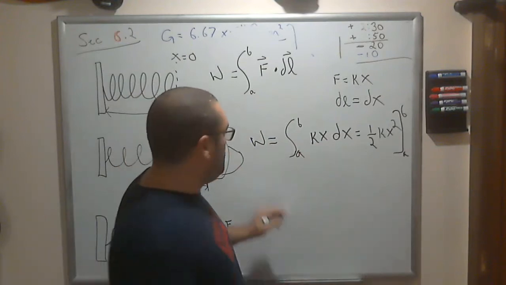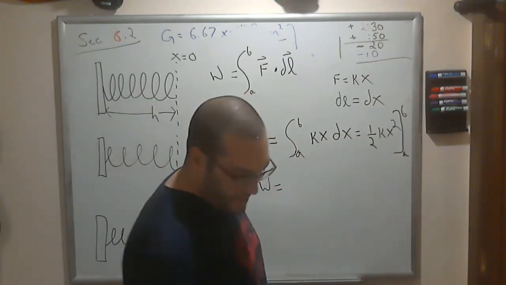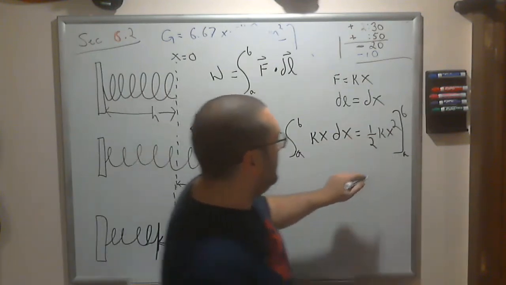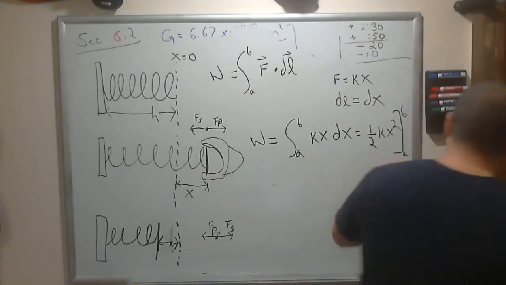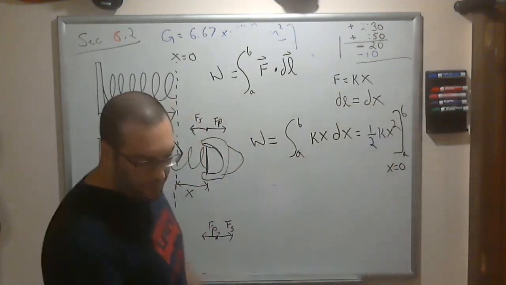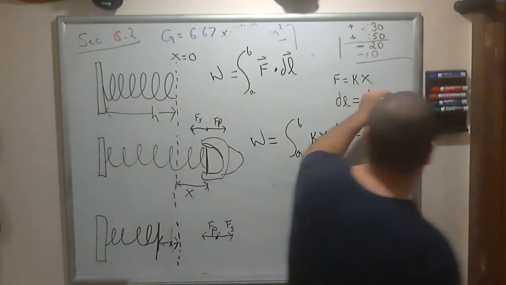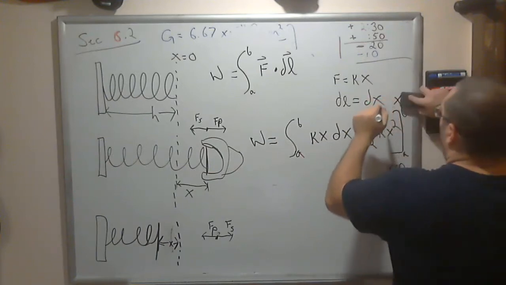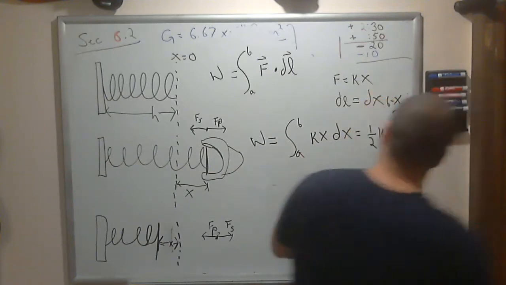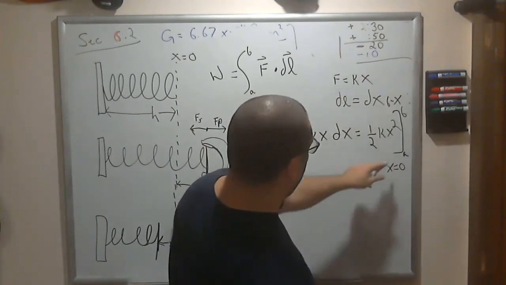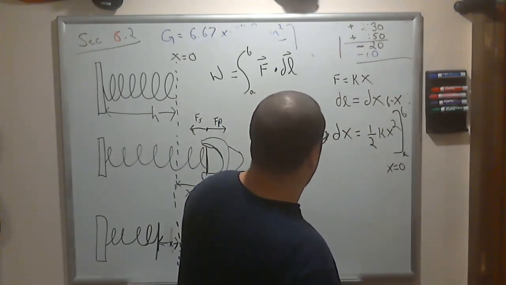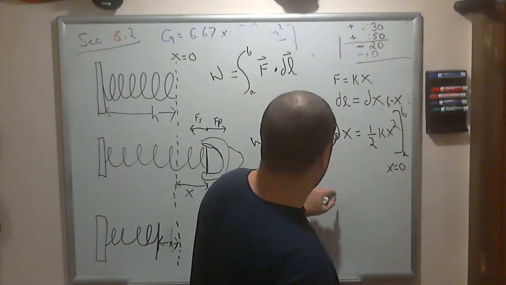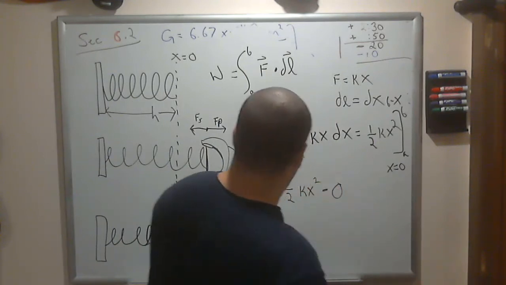So the work in general is given by this, and here, let's say A, we start at 0. We start at the equilibrium position, and then we extend it out to x. So B is equal to x, right? So this means that if we start out at 0, we finish at x, one half kx squared minus 0, right?